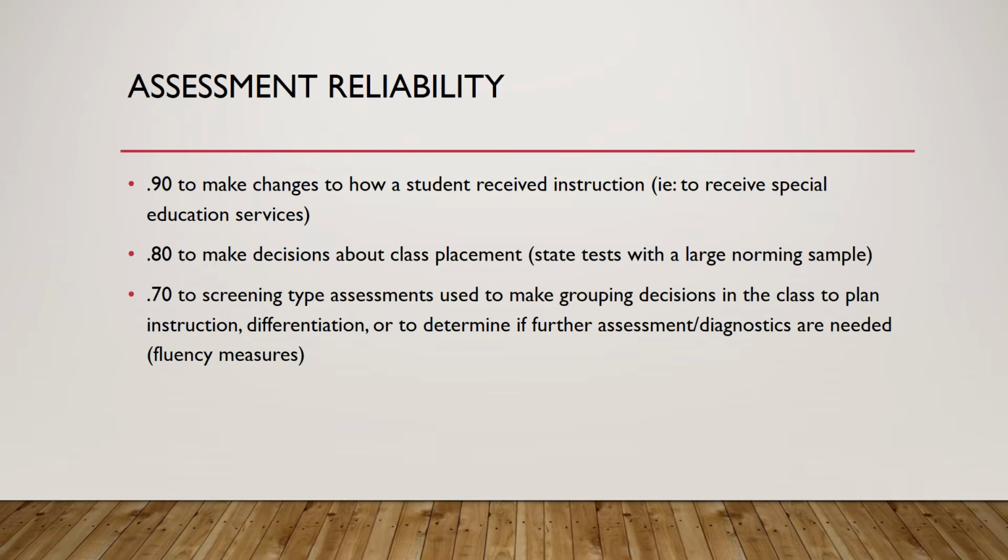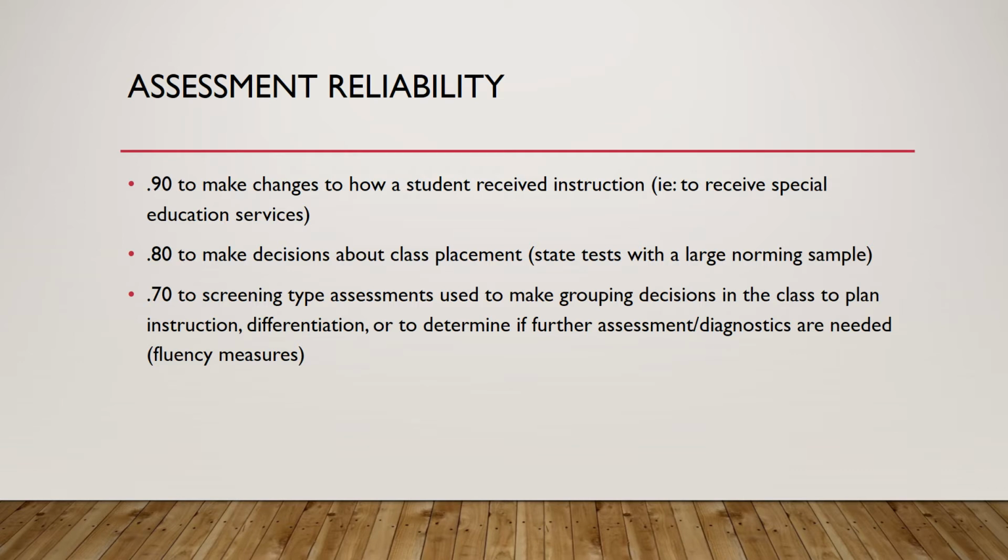So if you give a student one test and then you give them the alternate version of the test, those scores should be similar. So like I was saying earlier, big box companies have to have done these studies to prove that they are a reliable assessment. And that's how we can make the decision to be able to change the way a student is receiving their services.